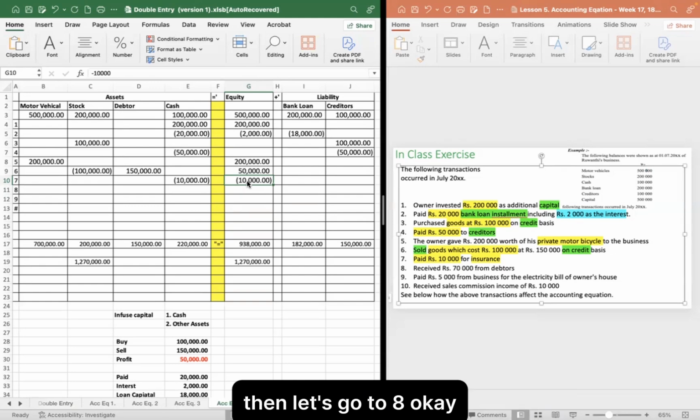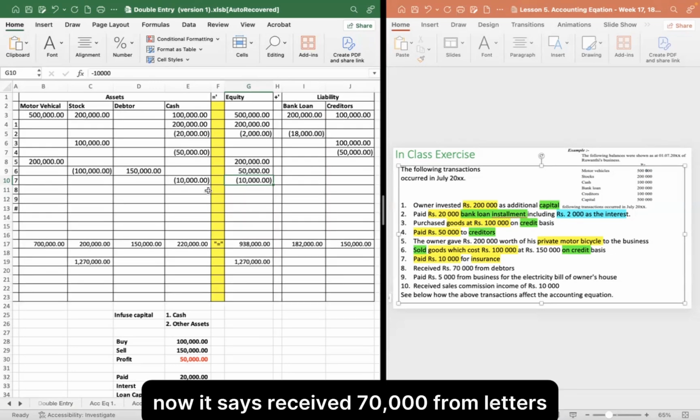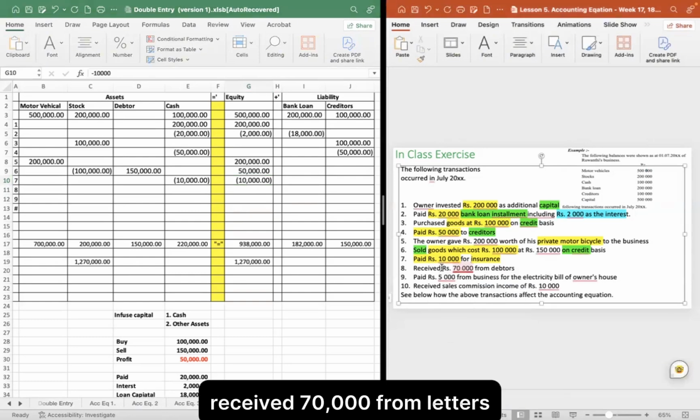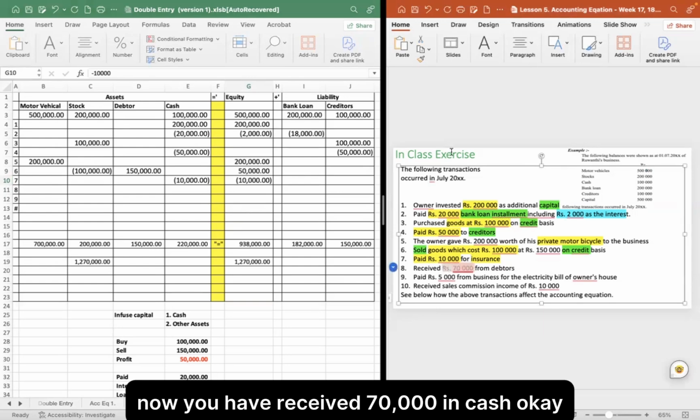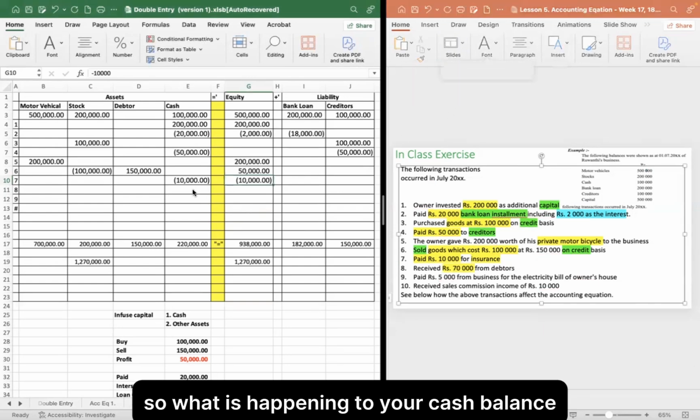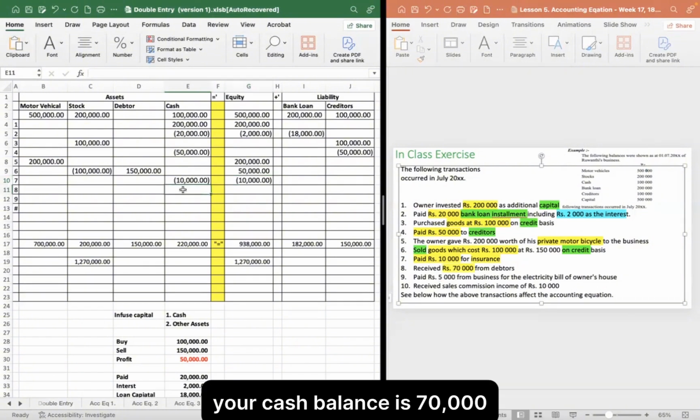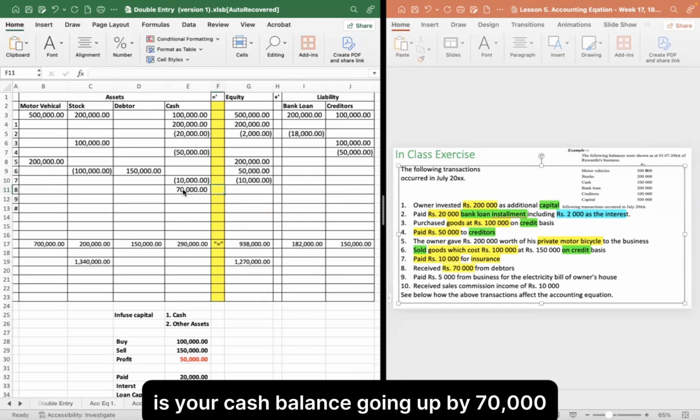Then let's go to 8. It says received 70,000 from debtors. Now you have received 70,000 in cash. So what is happening to your cash balance? Your cash balance is going up by 70,000.